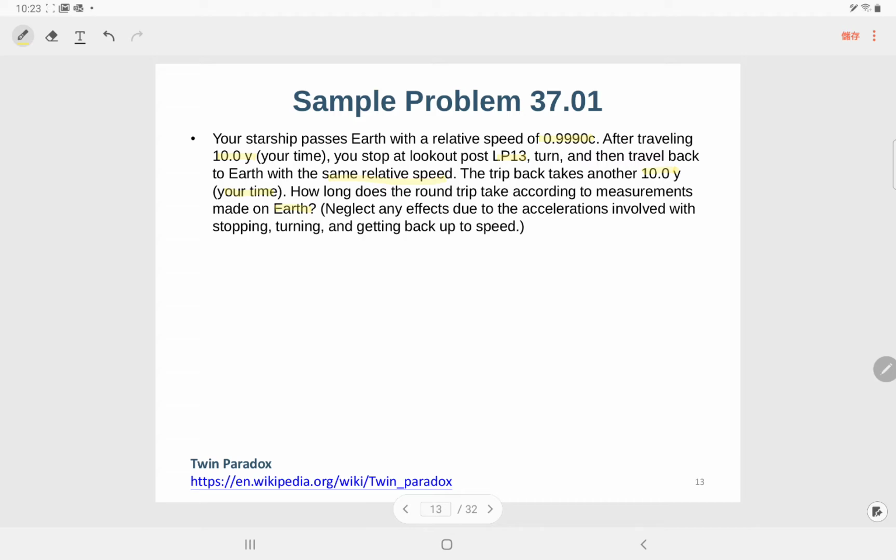所以这个是一个很有名的叫做 Twin Paradox 双生子悖论啊。那这个悖论就是需要用那个广义相对论才能解释的啊，所以他在这里的时候他说 neglect any effect due to the acceleration involved with the stopping, turning, and getting back to the speed.